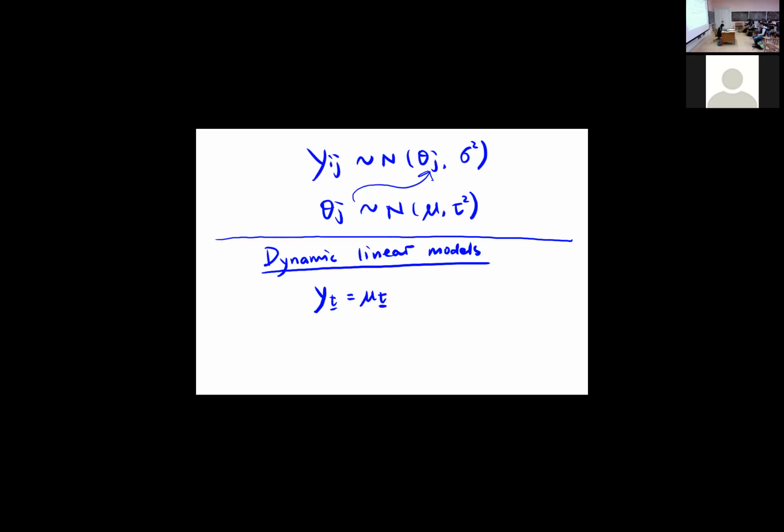So here your observation at time t is going to be some mean at time t plus the error. Okay, so this will be a typical regression setting that you might have seen before.